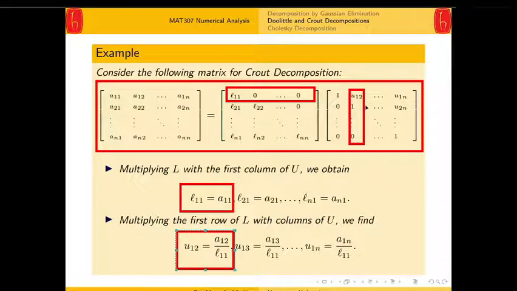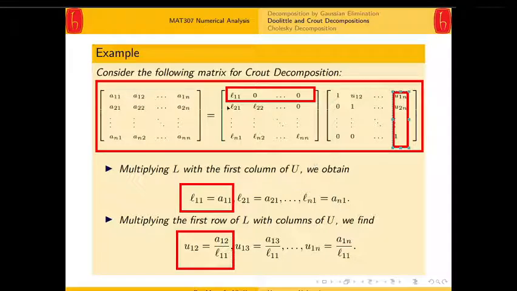Okay, so the same thing for the next column, and for the last column we will obtain what? U1n is equal to A1n divided by A11, also L11, which are the same, because L11 is equal to A11.